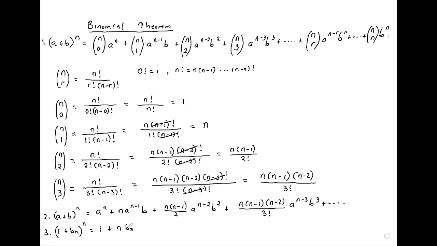So we'll have multiplied by bx, plus n(n-1) over 2 factorial, bx squared, plus n(n-1)(n-2) over 3 factorial, bx to the power 3, like that.